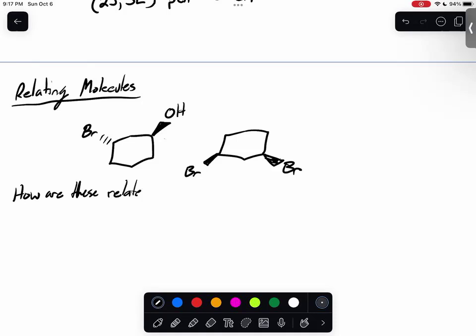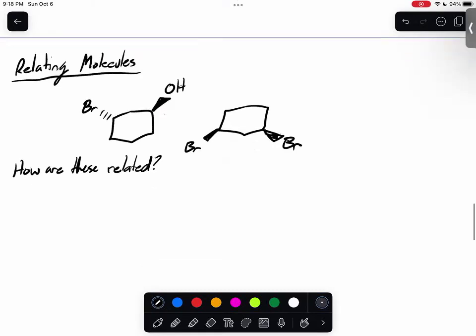Well, so far throughout the course, we have talked about a lot of different options, right? These could be the same molecule, right? It could just be a couple rotations in order to look like they're the exact same. You can also call this identical, right? Because they are completely matching.